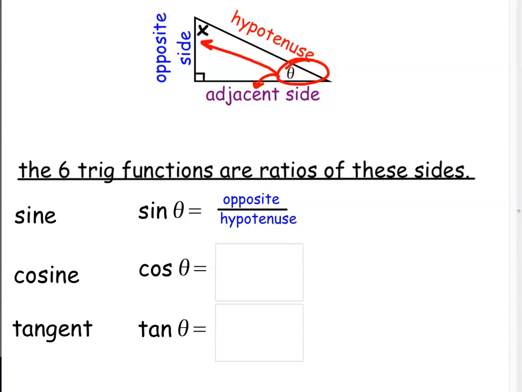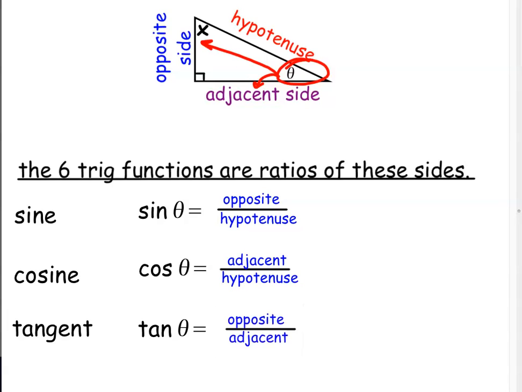Which sides do we use for cosine? Adjacent divided by hypotenuse. And tangent is opposite divided by adjacent. Anybody remember a phrase that was used for that?